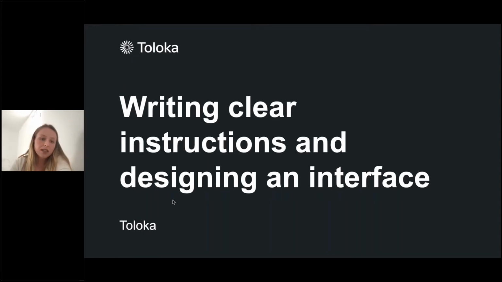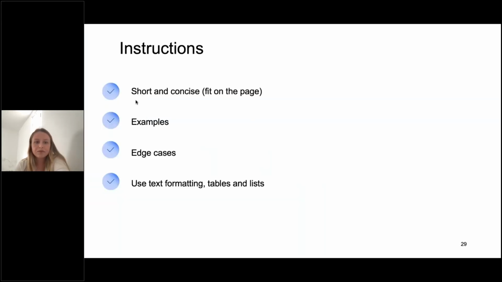And another thing that we have to focus on when we design such tasks is writing clear instructions and designing good interfaces. And I would like to start here with some very basic tips regarding instructions. They should be short and concise. Usually we say they should fit on one page.